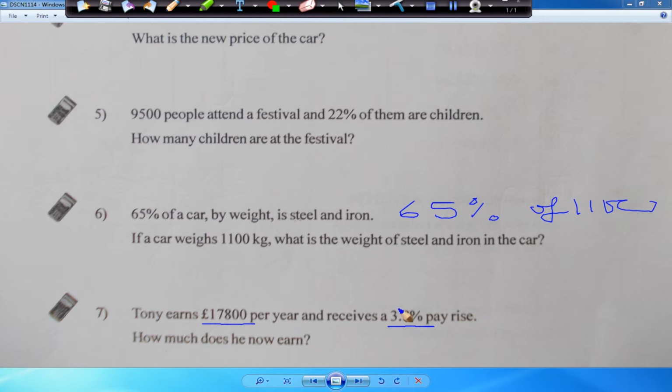So what do we do? That 3.8% is the extra bit, and the original bit was worth how much? So altogether, how much percent do we have? 103.8%.